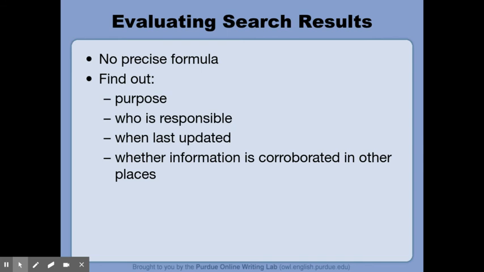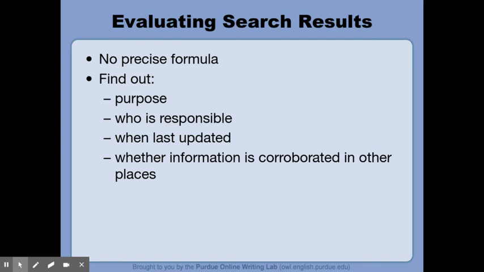Evaluating search results. There is no precise formula to evaluate a search result, but you need to start out with these components. You need to make sure that your resource has a purpose. Is it just trying to tell you about a topic without any depth, without any facts, any statistics? You need to ask yourself: what is the purpose of this author giving me this information?